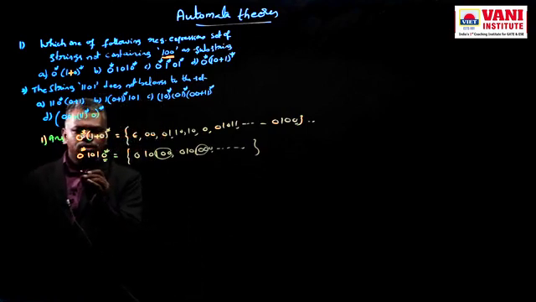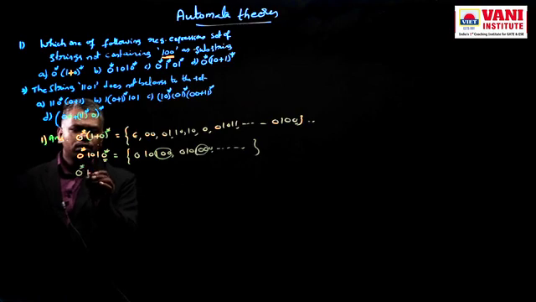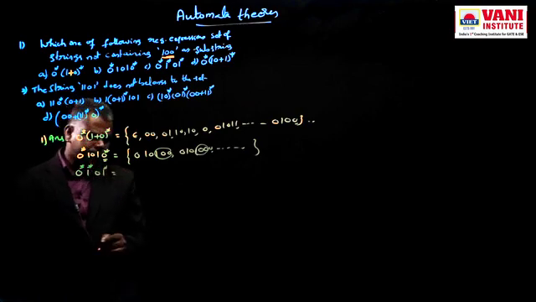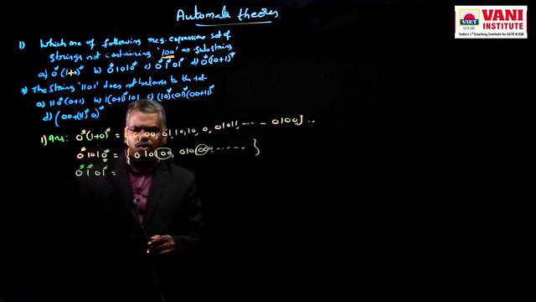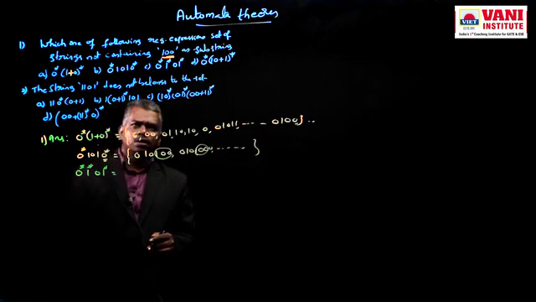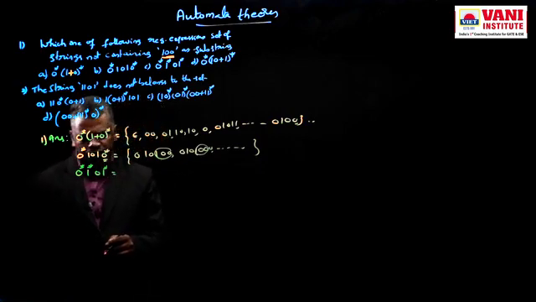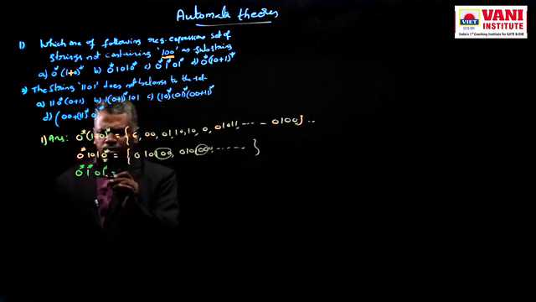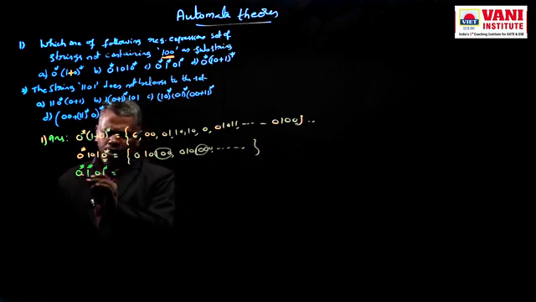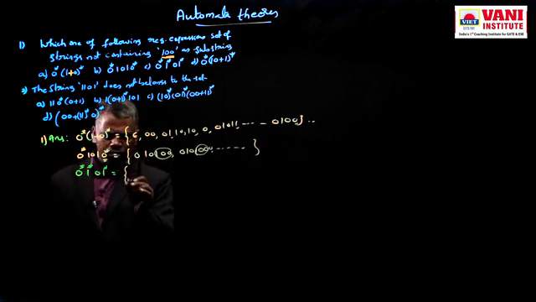Observe option C also. C option 0 star 1 star followed by 0 followed by 1 star. 100. Right, if we observe, it should not contain 100 as substring. Okay. So any number of ones here, any number of zeros here. Therefore, epsilon also is possible. A single 0 is possible.